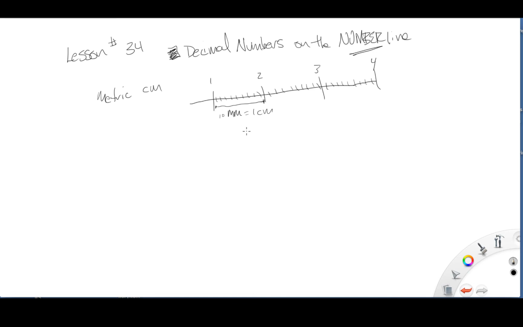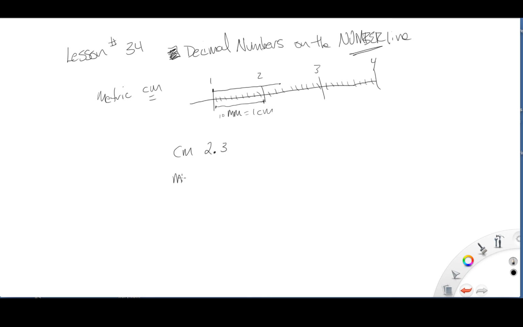So let's look at example 1, which is on page 242, and it says find the length of this segment. You notice that the segment is this right here. It goes from 1 to past 2, to the third mark there. So in centimeters, it's 2 point 3.